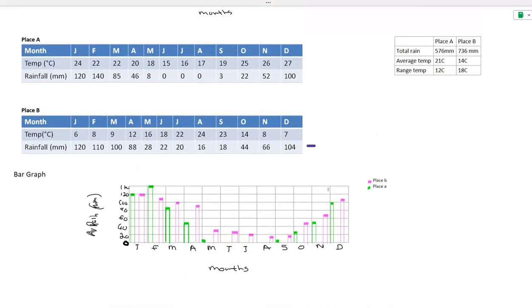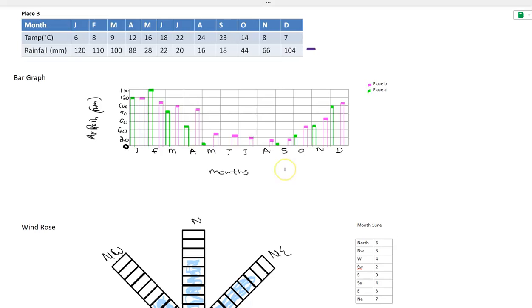Okay, so we're going to practice this one more time. You're going to find out what the information is for Windhoek specifically. You are going to create a bar graph, a line graph, and a windrows for Windhoek. We can say for the year of 2024.